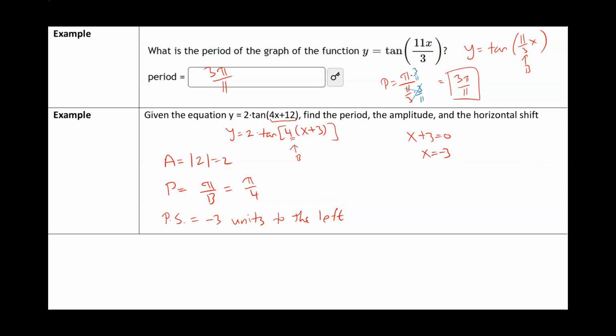The phase shift is negative 3. So I should say negative 3 units, or that's the same thing as saying 3 units to the left, because negative 3 units to the left would be redundant.